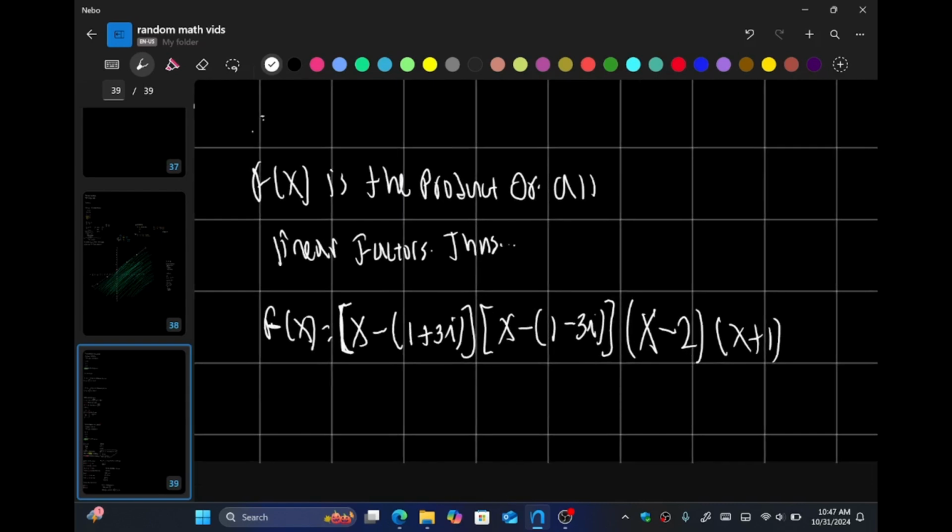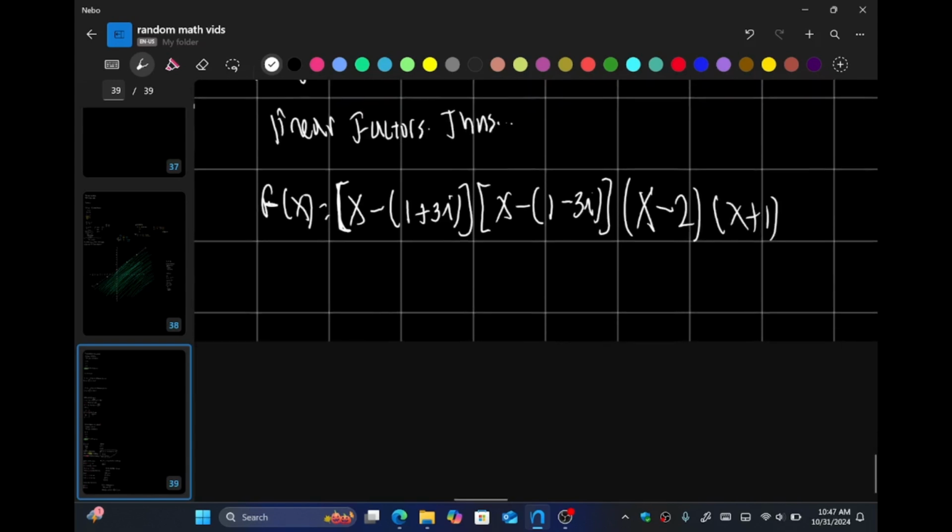Okay, so if you want, you can state it this way.